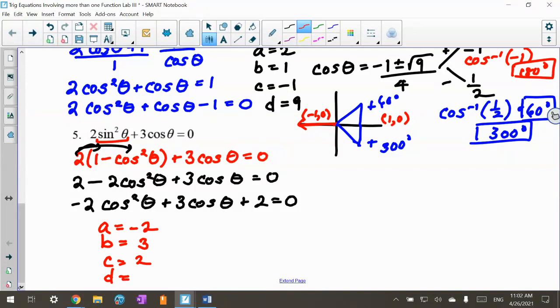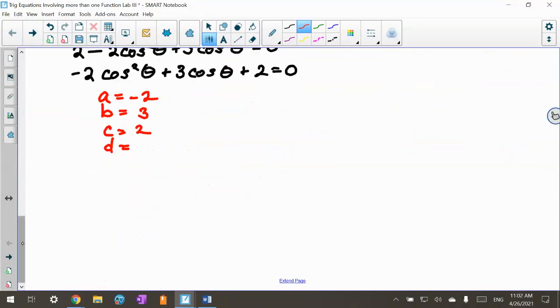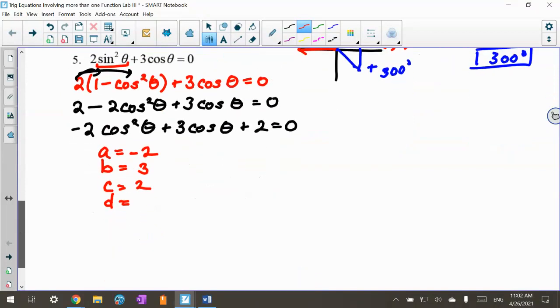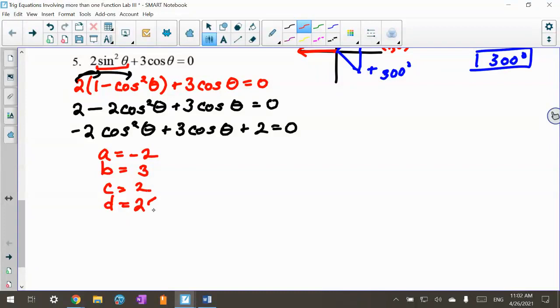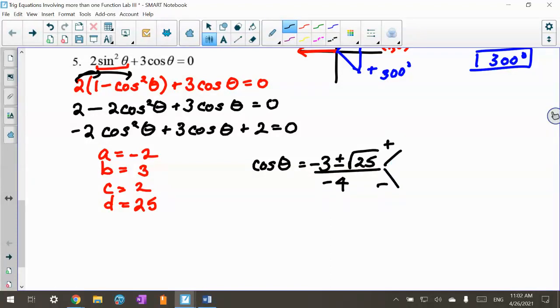When I do my B squared minus my 4AC here, I get a 25. Okay, so now cosine theta equals, I started singing the song in my head, negative B plus or minus radical 25 all over 2A, or negative 4. Plus and minus, when I do that, I get 2 and a negative 1/2.